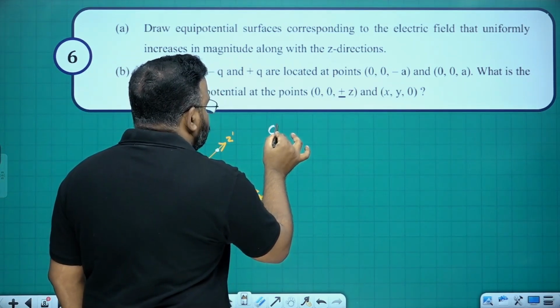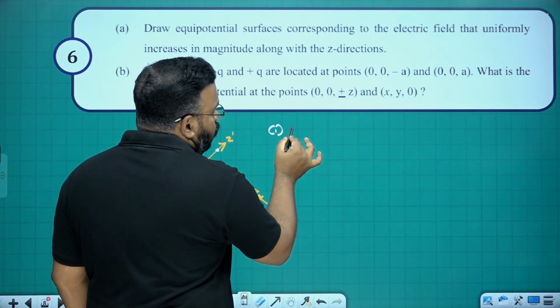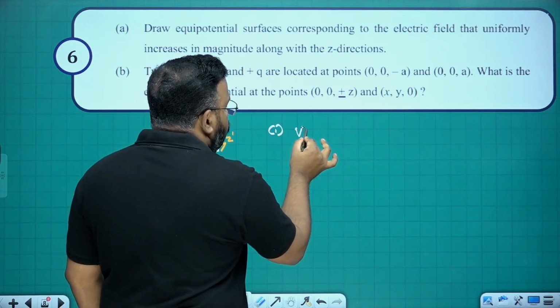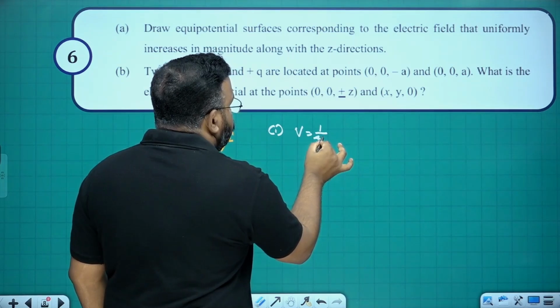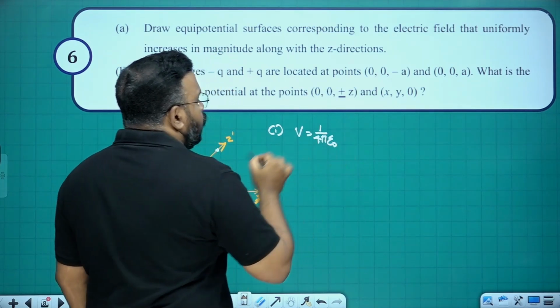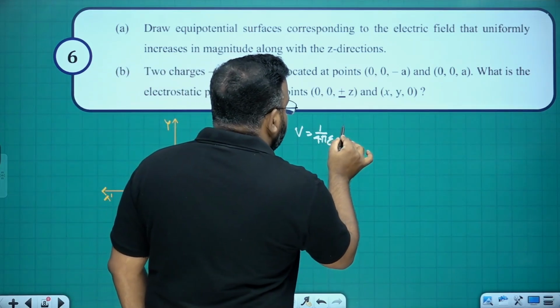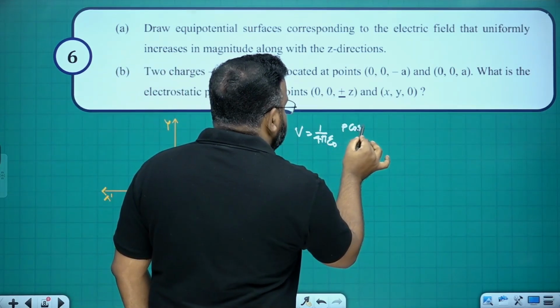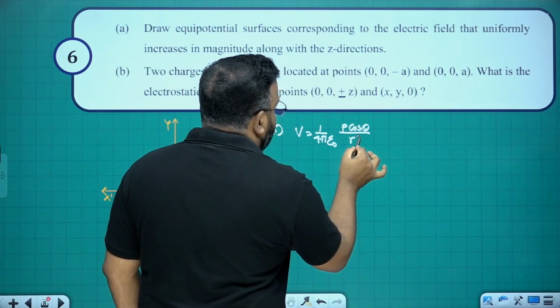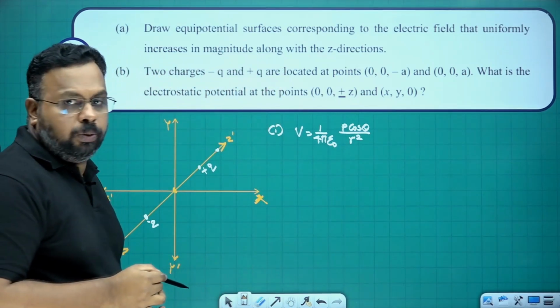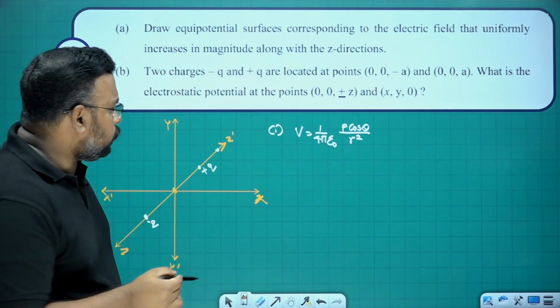So I am going to write the answer for the first question. Potential due to a dipole formula is V equal to 1 by 4 pi epsilon naught into P cos theta by r square. You know, this is the formula. Okay.